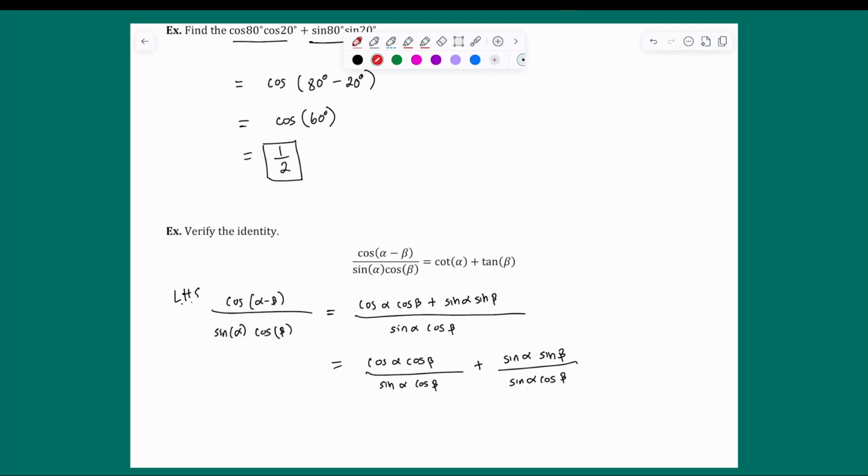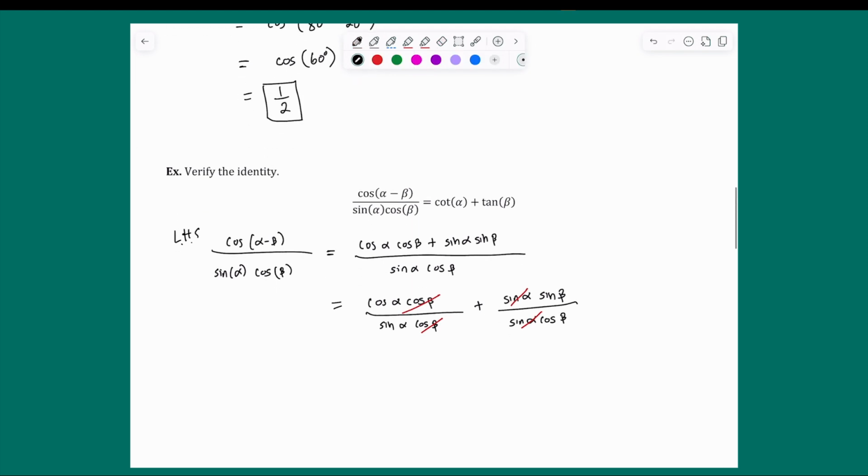Then we can see that the cosine of betas for the first quotient would cancel. In the second quotient, we would have sine of alpha canceling. That would leave us with cosine of alpha over sine of alpha, plus sine of beta over cosine of beta.